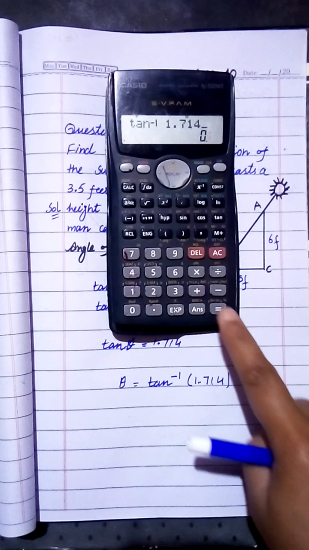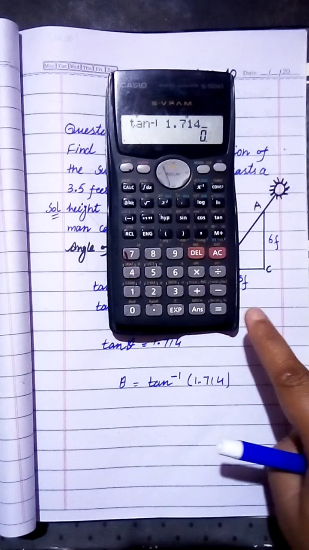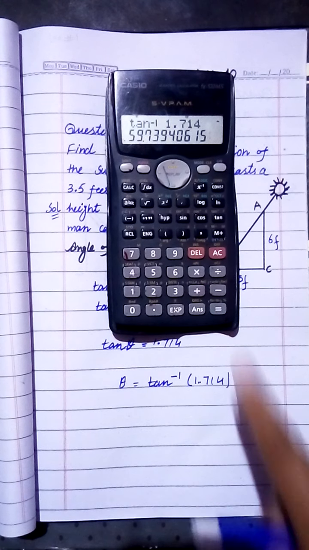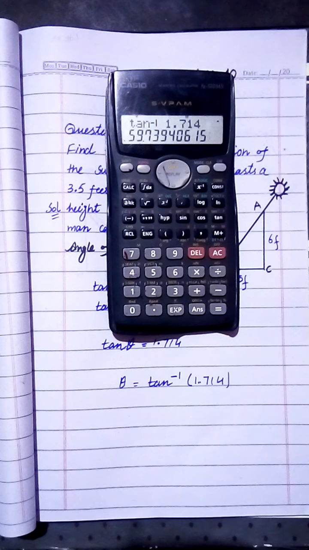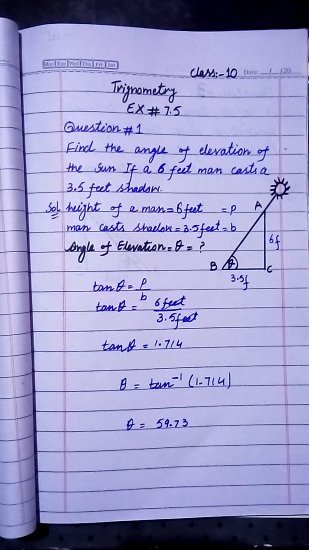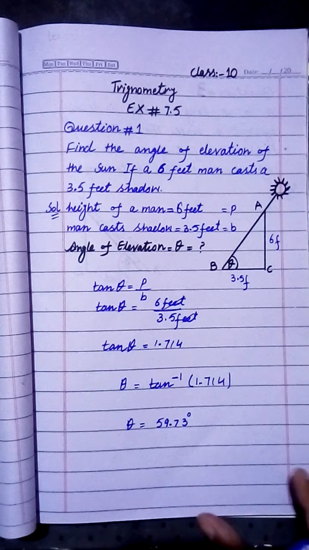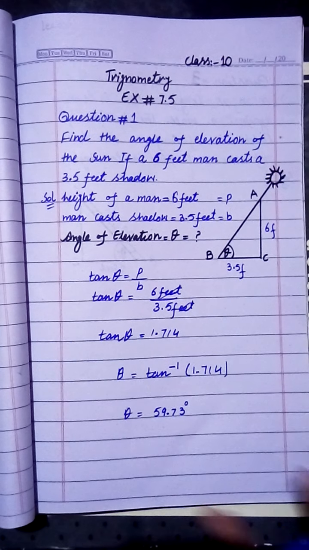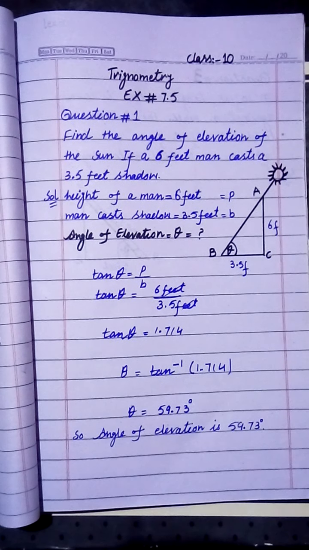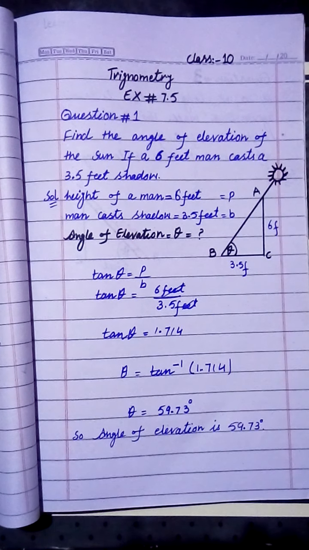Now press the equal sign, then 59.73. Now its answer is theta equals 59.73 degrees. At the end of this question, you have to write the answer statement. So the angle of elevation is 59.73 degrees.